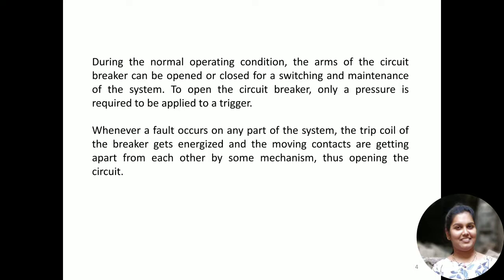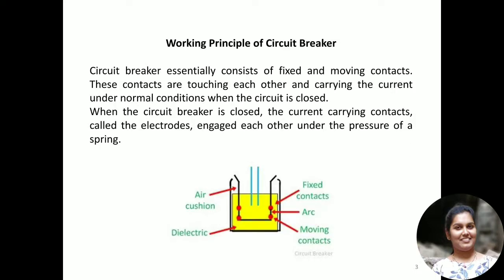So this is how a simple circuit breaker will work. In the normal on condition of the circuit breaker, the two contacts are physically connected to each other due to the applied mechanical pressure on the moving contacts. So what I am trying to say is, in circuit breakers, we are seeing two different contacts.